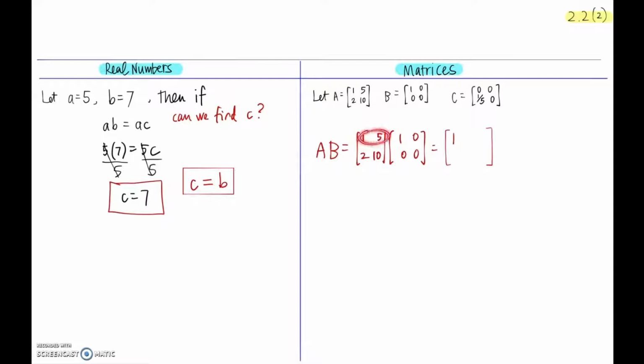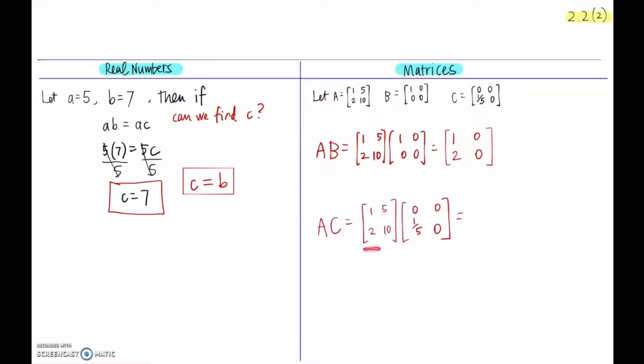Then this row and this column look like they're going to be all zeros. And this row with this column, that's a 2 and a 0. And then this row in this column will be 0. And that is A times B, this guy.